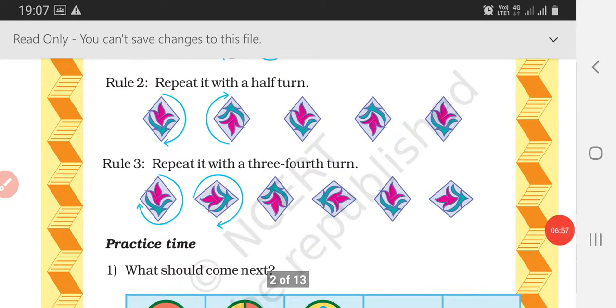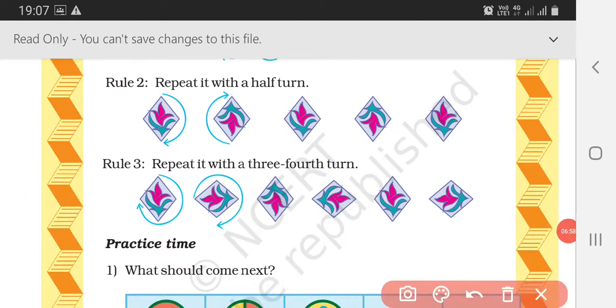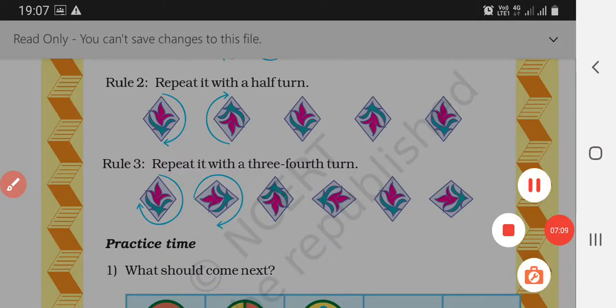According to second rule, if a shape changes its position upside down, then it will be called half turn.